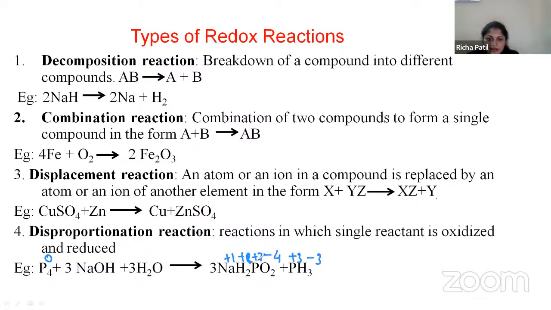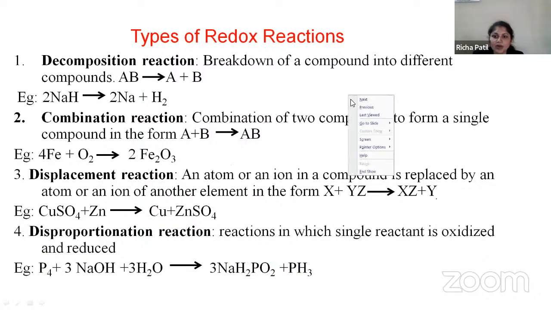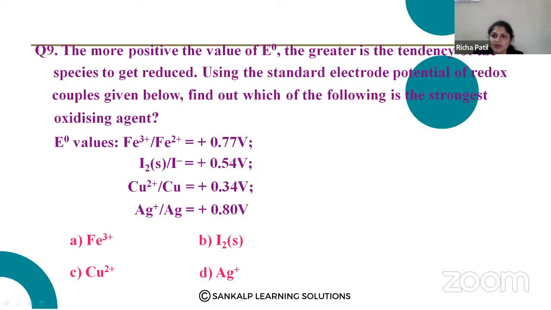So the phosphorus is a single reactant which is oxidizing and also undergoing reduction. There is a change in oxidation number. So disproportionation is nothing but a reaction in which a single reactant undergoes both oxidation and reduction.